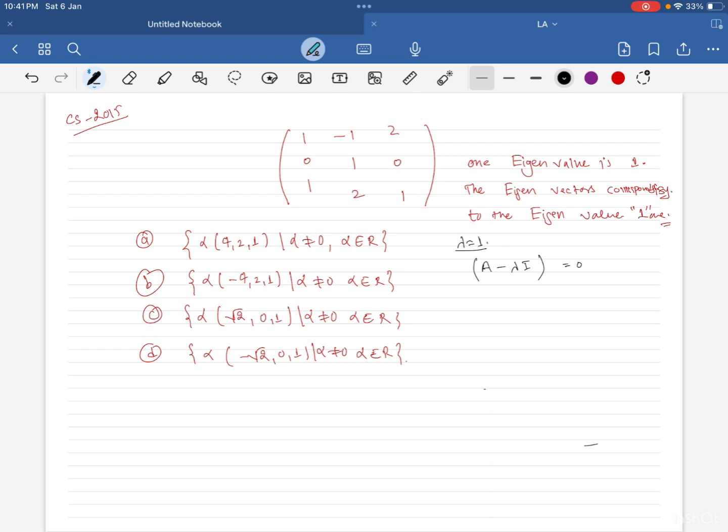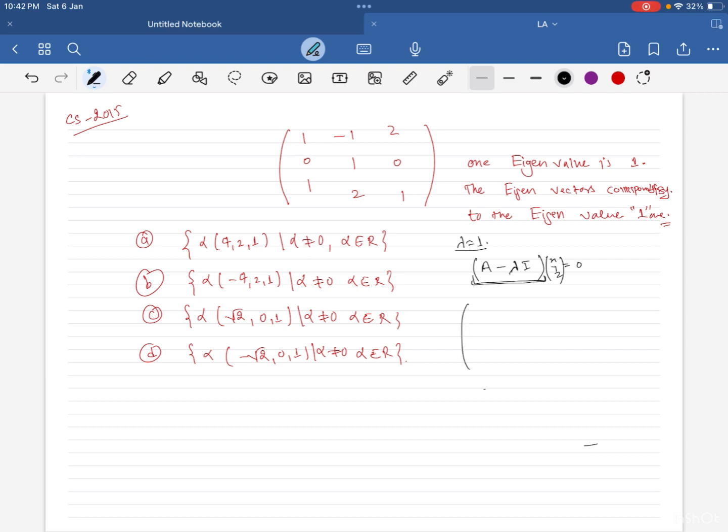So how are we going to do it? First of all, let's find this matrix, right? The null space of this matrix, maybe xyz here. So here lambda is equal to 1, so we can find it easily.